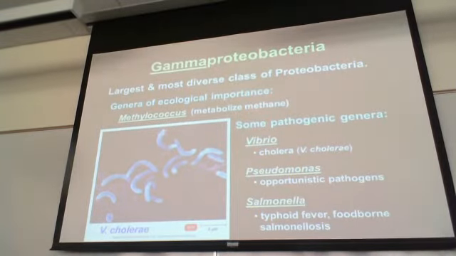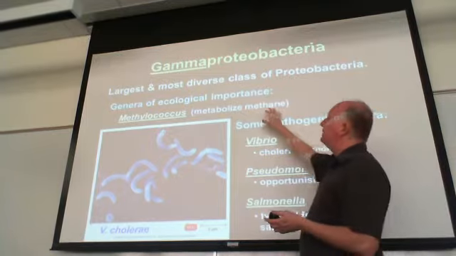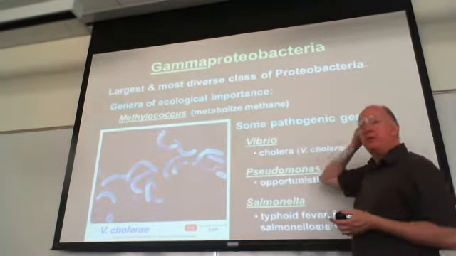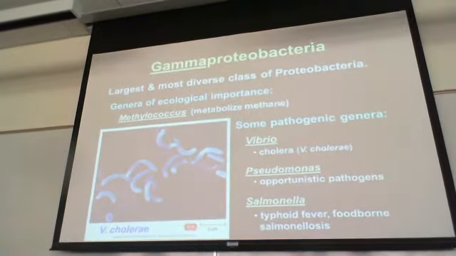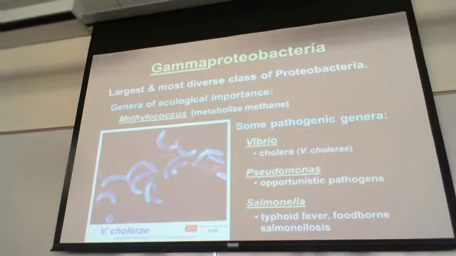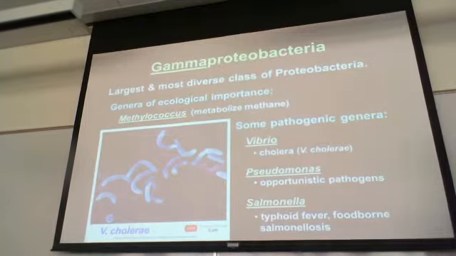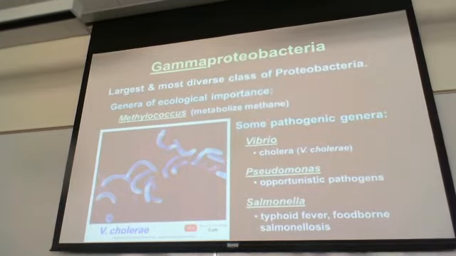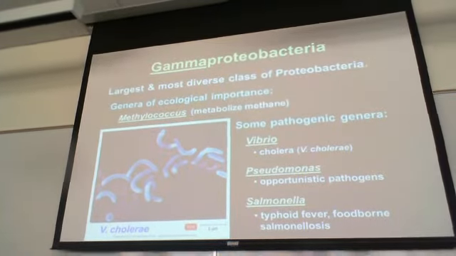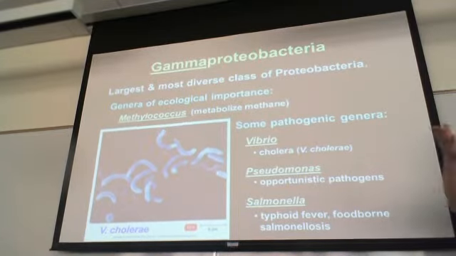So here's an example of one that's relevant to ecological health. Methylococcus, as you can see, breaks down or uses methane. Methane matters these days. You know what methane's significant for? What's that? Greenhouse gas? Yes, exactly.